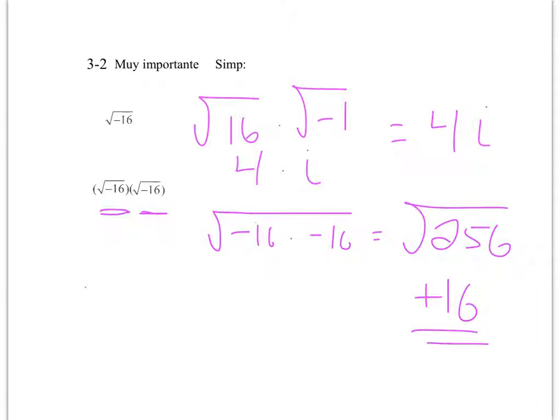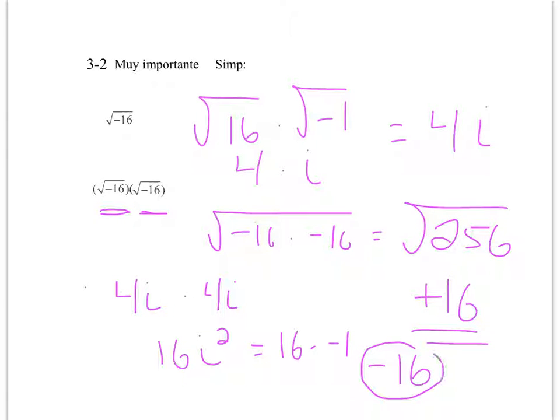This is wrong. When you're dealing with the square root of negative numbers, you need to pull the i out first. So as we look at the square root of negative 16, we just said up top that was 4i, times the square root of negative 16 again, which is 4i. 4i times 4i, of course, is 16i squared. i squared is negative 1, so this is 16 times negative 1, which is negative 16, and that is the correct answer.